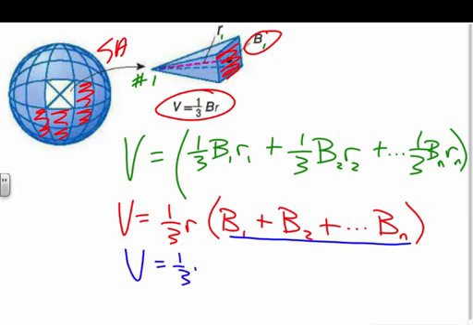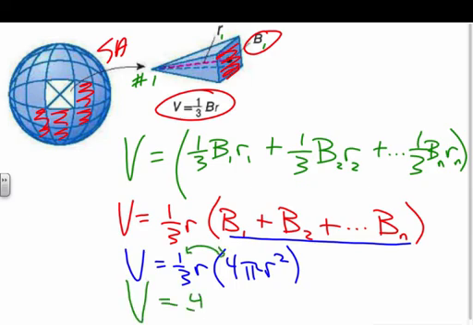So we'd have 1/3 times the radius times 4 pi r squared. Well, it's all multiplication, so let's just bring things together. 1/3 times 4 is 4/3. Radius times radius squared is radius cubed, and bring in my pi. So it's 4/3 pi r cubed for the volume.